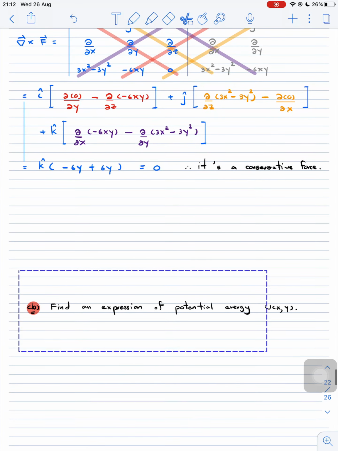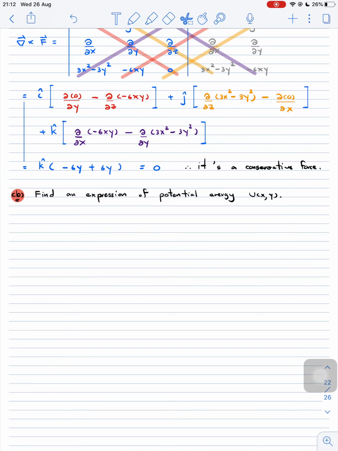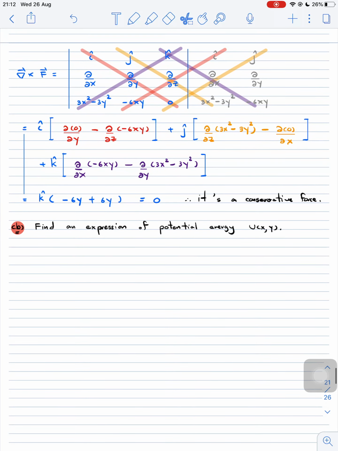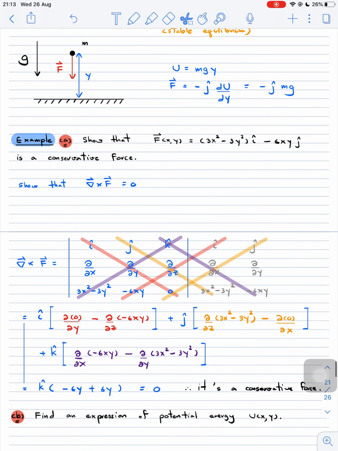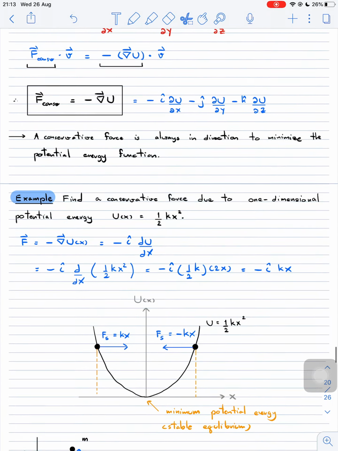So now for part B, we need to find an expression of the potential energy U(x,y). We can do two things.